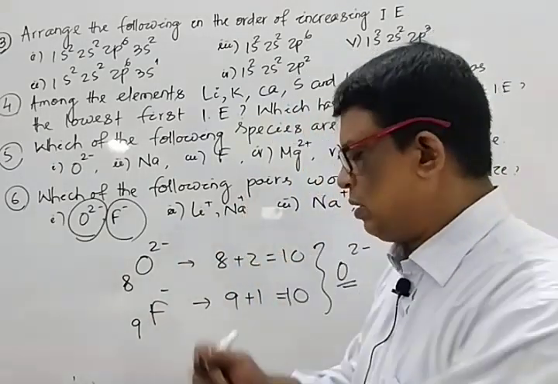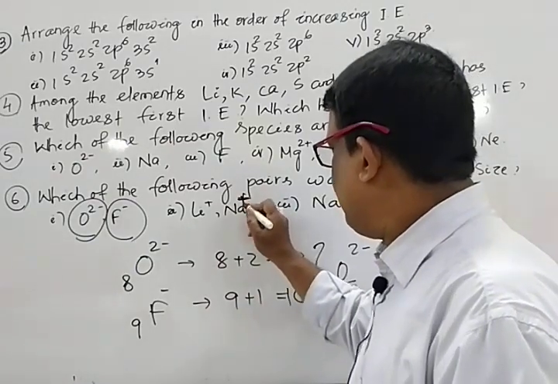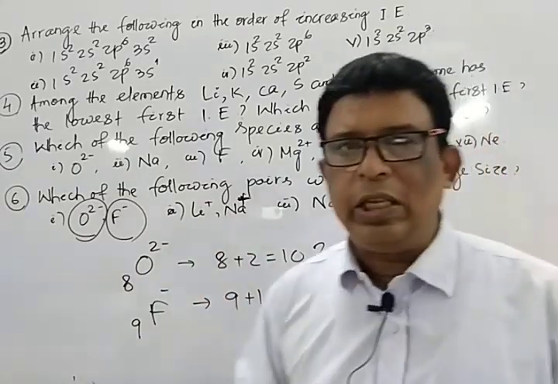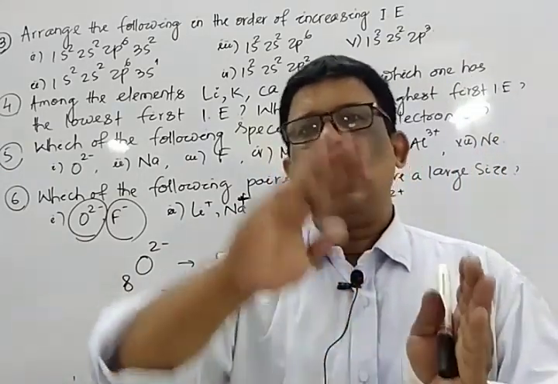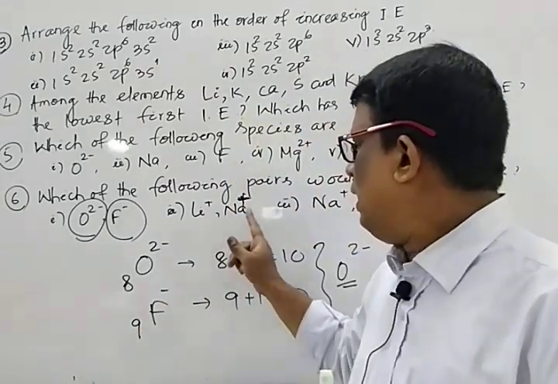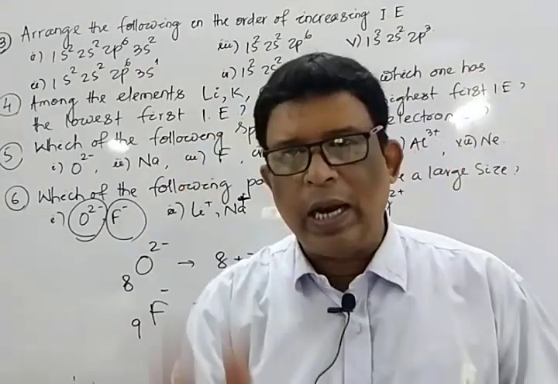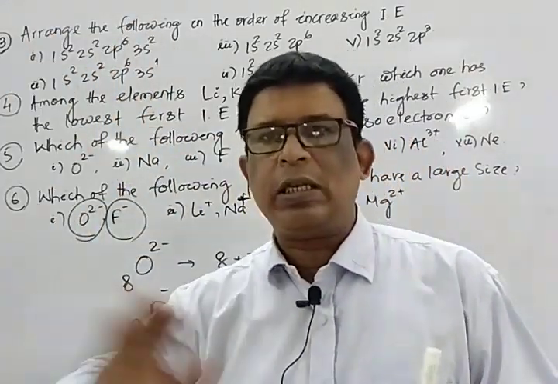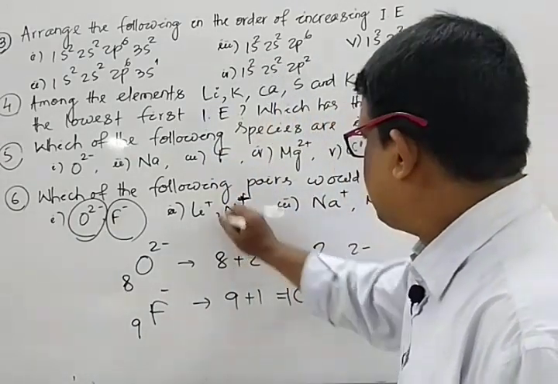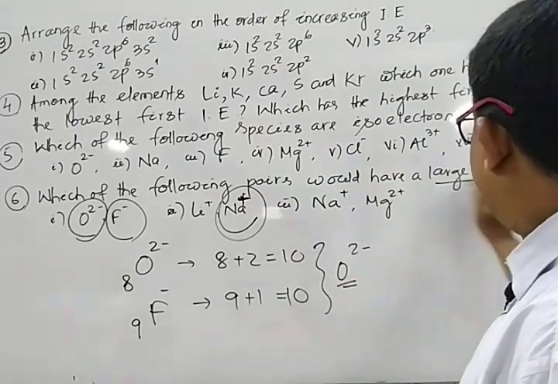Sodium, Na plus, atomic number 11, loses 1 electron. In case of lithium, there are 2 electrons, only the 1s subshell is there, while in case of sodium there are 10 electrons, 1s2, 2s2, 2p6, the second shell is there. So in the second case, Na plus possesses larger size.